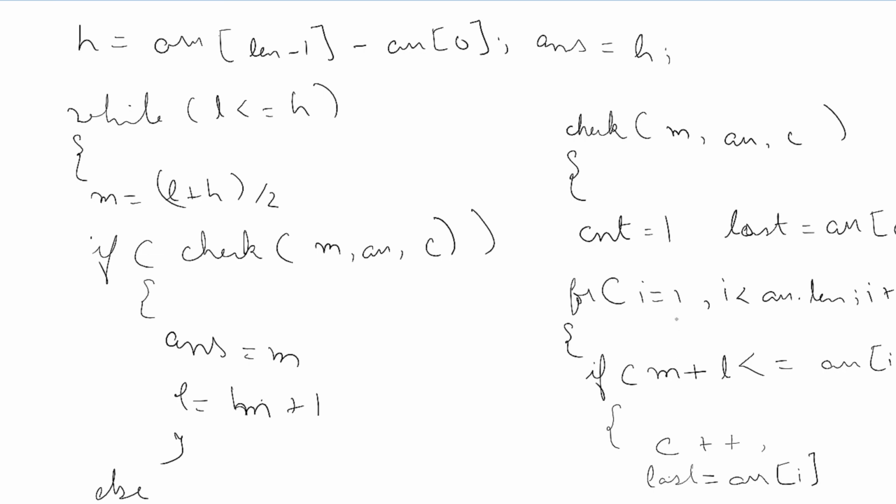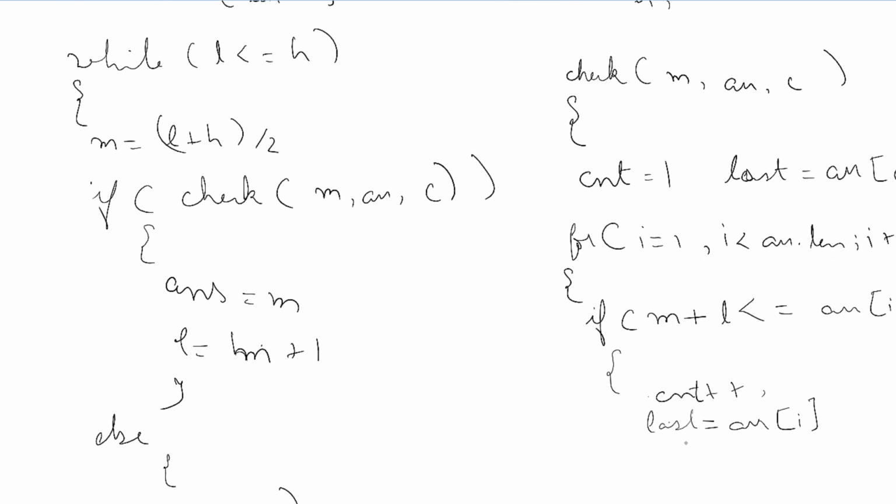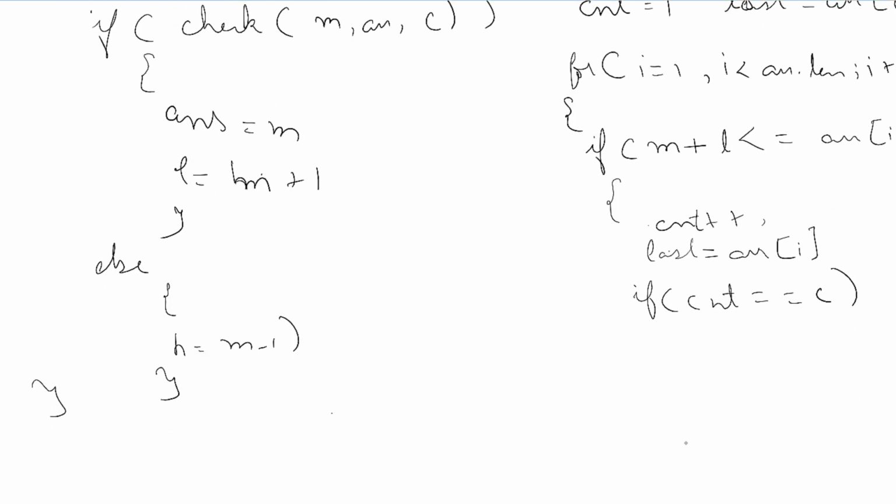Now we need to check if count equals C, we can place C cows, then return true. After this, we return false.